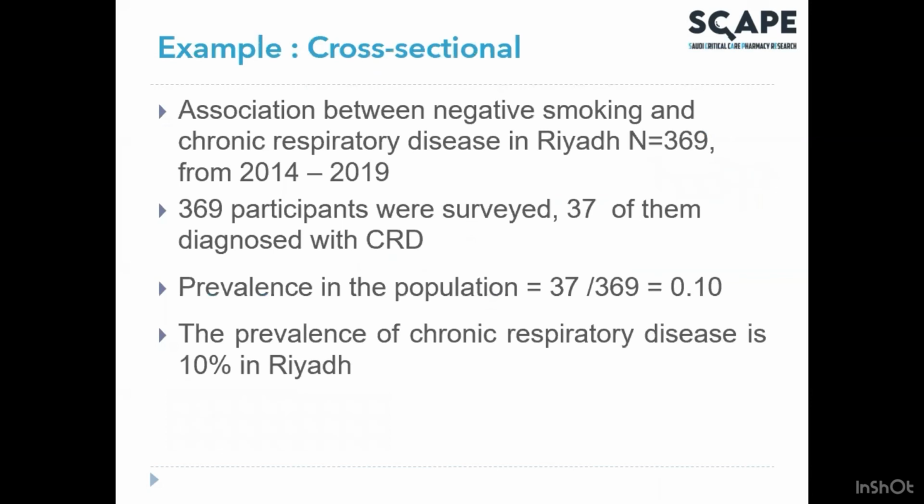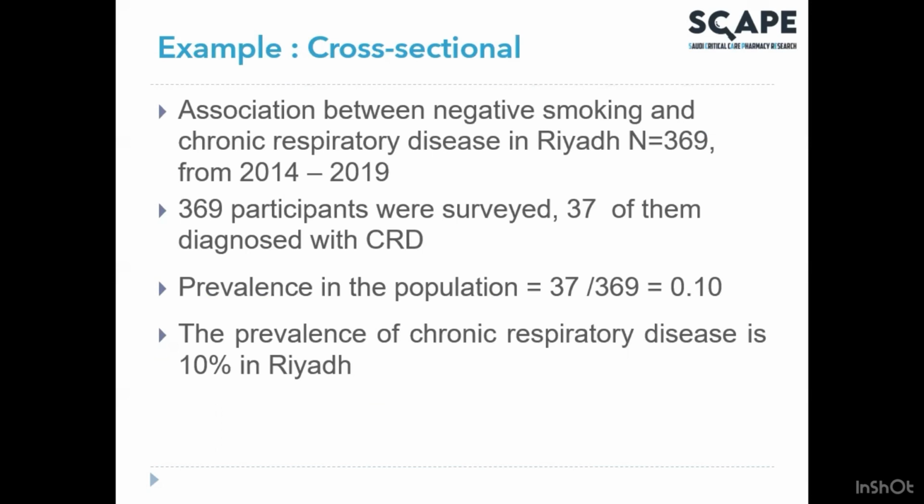This is an example of cross-sectional. Let's study the association between smoking and chronic respiratory disease in Riyadh. We collected data from 369 participants from 2014 to 2019. Among these participants who were surveyed, 37 of them were diagnosed with chronic respiratory disease.